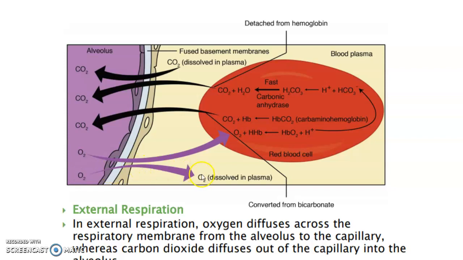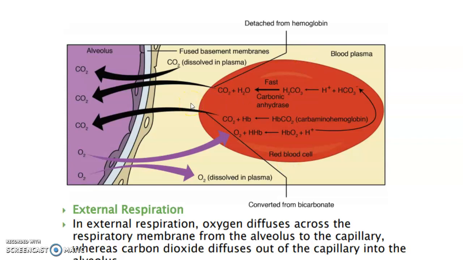It can go straight through this membrane right here, and it can be dissolved into the plasma. Then you can have oxygenated blood plasma. Or it can go up to a red blood cell, and it can bind to this hemoglobin. And it's just that simple. And then suddenly this blood cell has been oxygenated, and it can go back up, and it can be sent to the heart, it can be sent out through the arteries and go wherever it needs to go.